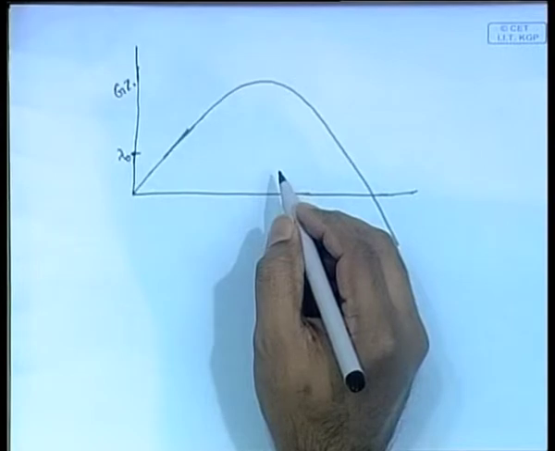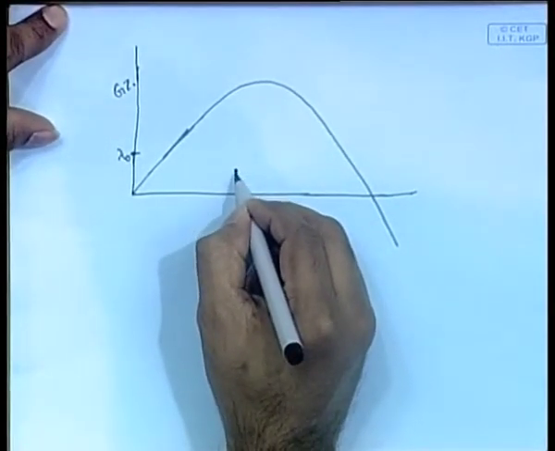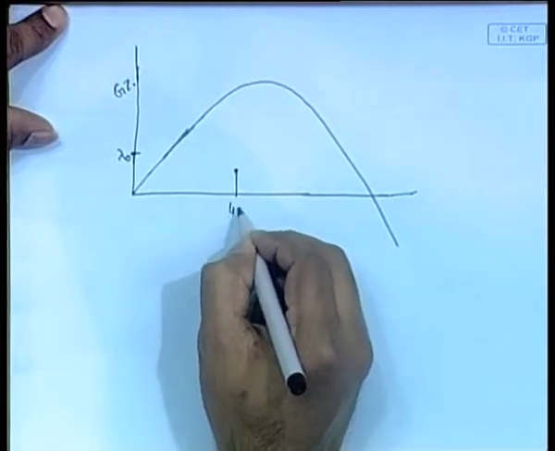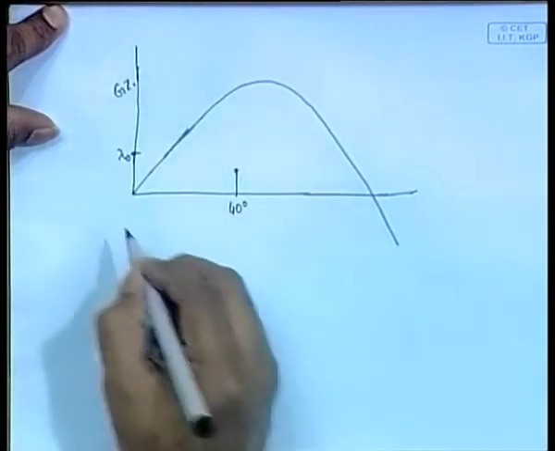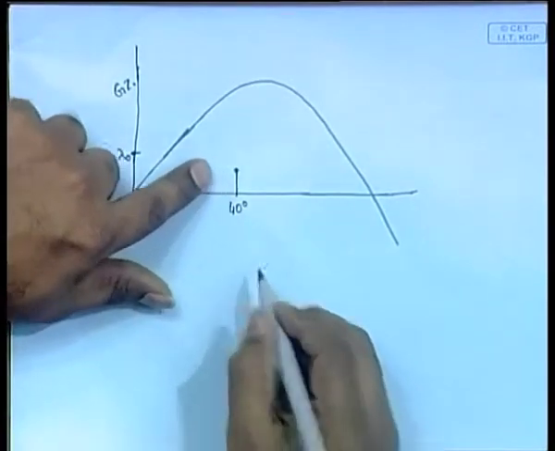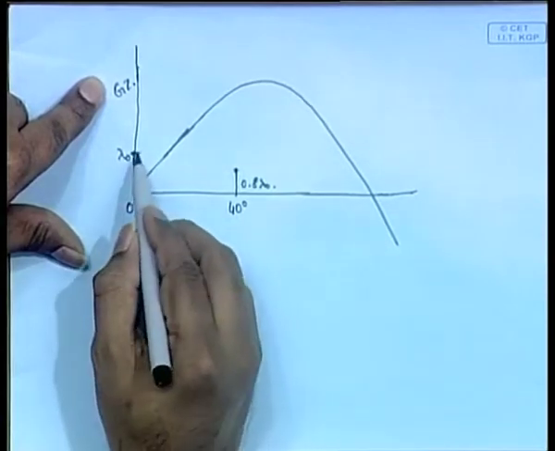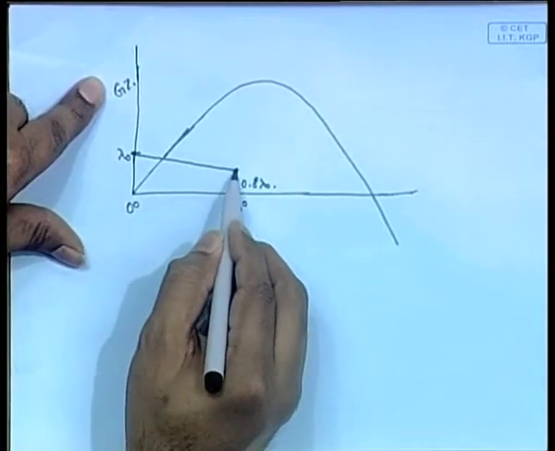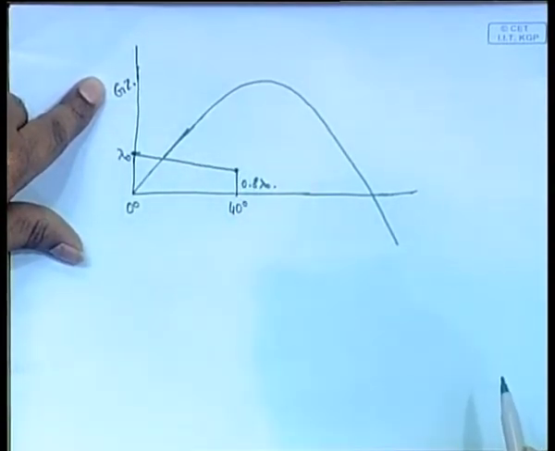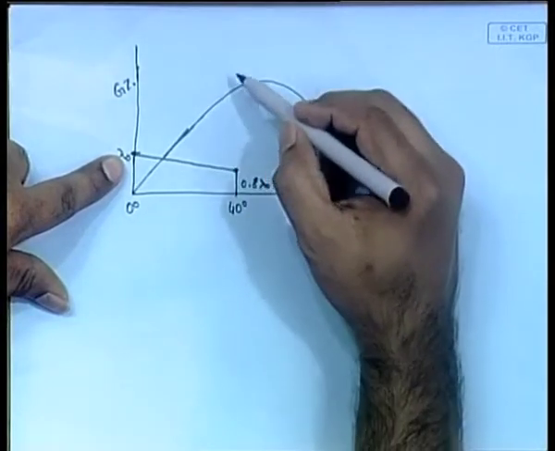Let us assume this is 40 degrees, this is 0 degrees. At 0 degrees lambda 0 is marked. At 40 degrees you mark 0.8 lambda 0, and draw a straight line through these two. This will give you the healing arm. So, this is your healing arm curve.